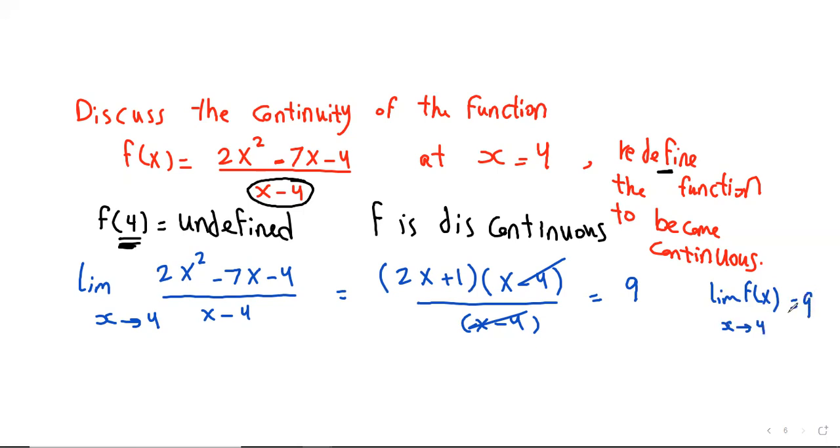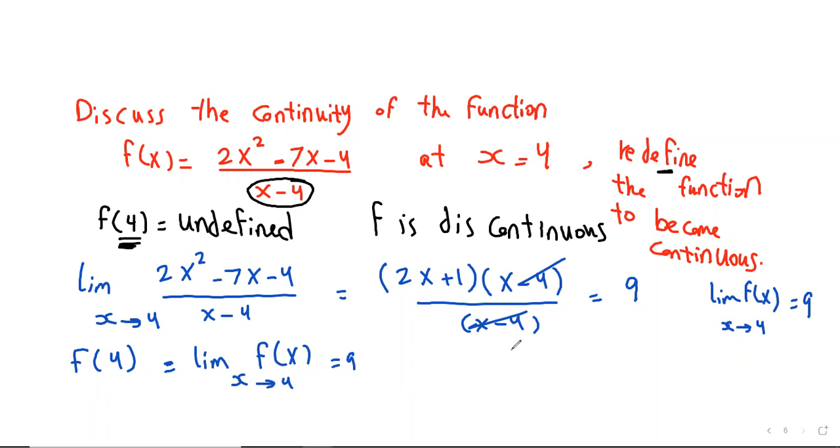So to make the function continuous at x equals 4, f of 4 must be equal to the limit of f of x when x tends to 4, which is 9.